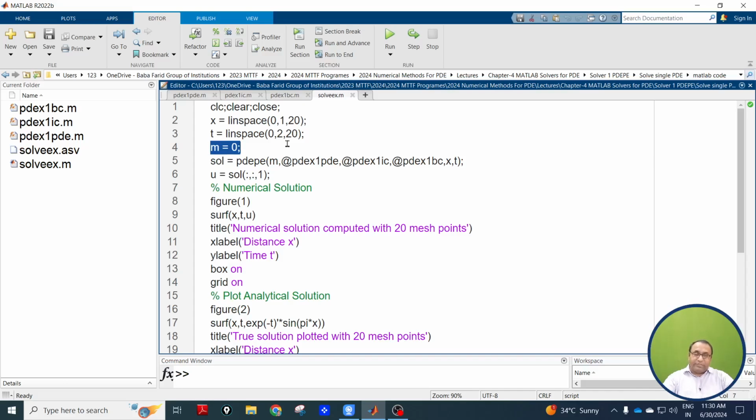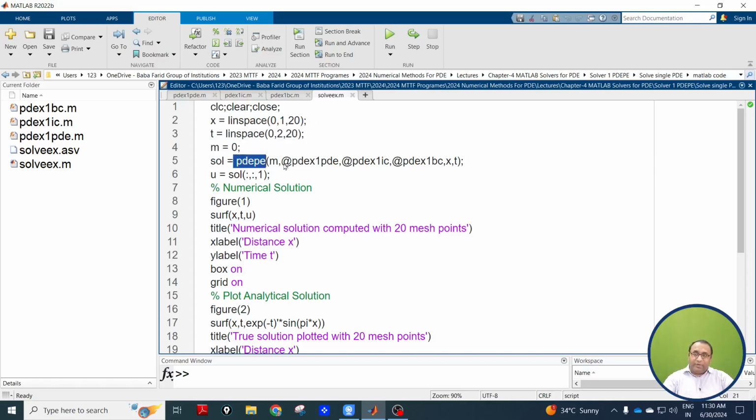If the equation is in cylindrical form, you will have m equal to 1. If the given equations are in spherical form, you will use m equal to 2. Here we have Cartesian form, that's why we are choosing m equal to 0. So all these are the inputs we require for the visualization of the result.